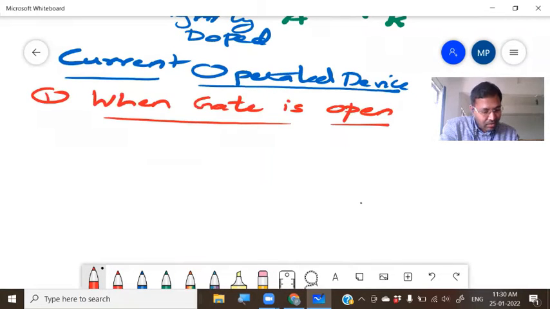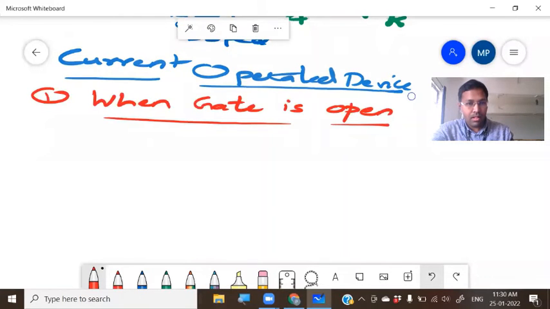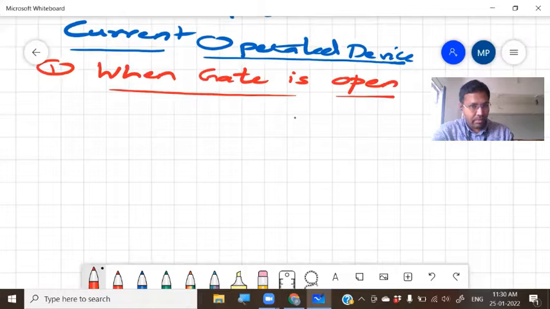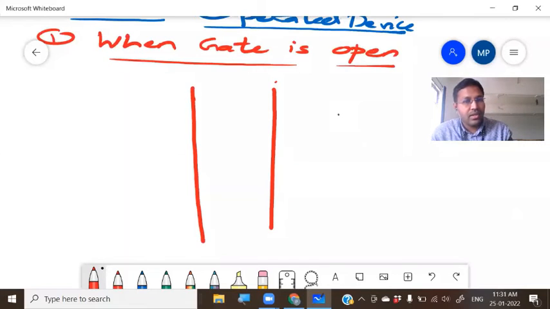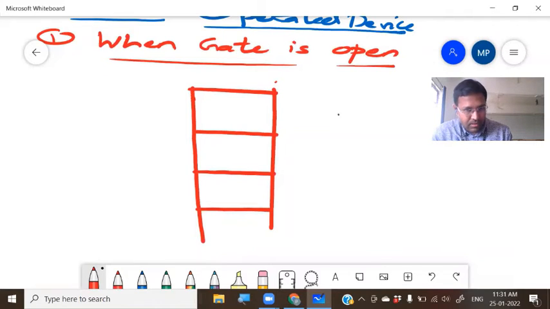Instead of drawing horizontally, I want to draw it vertically. Then we have the four regions.